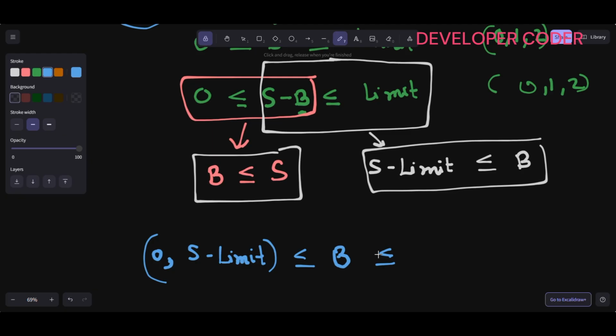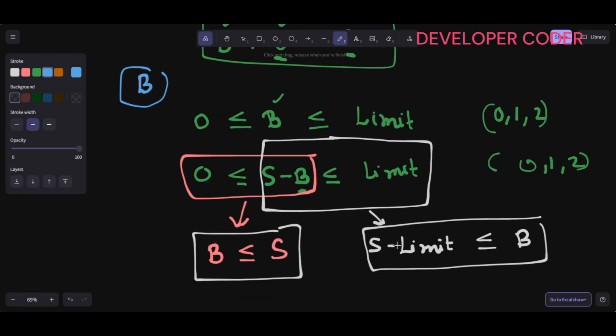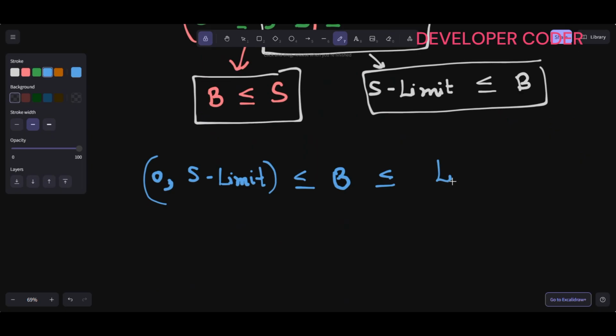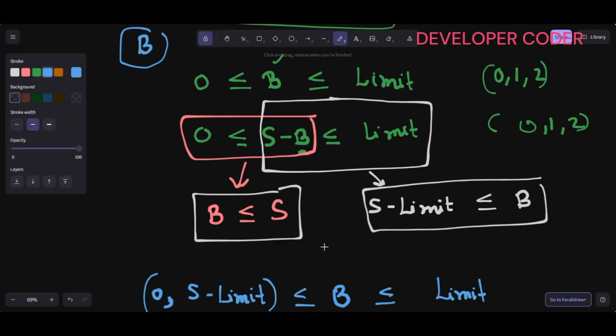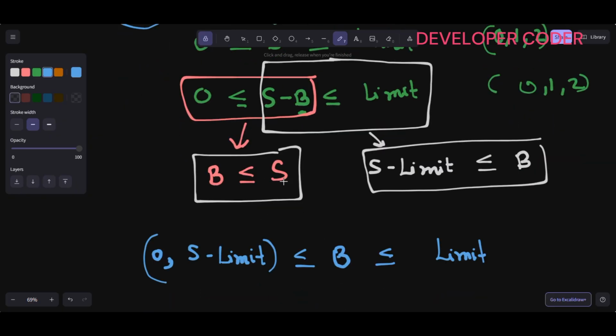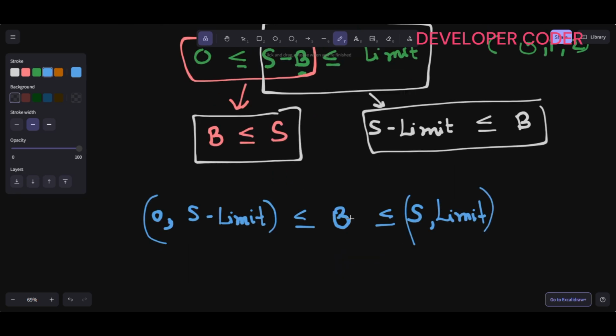And B should be less than or equal to limit, or I can say less than or equal to the S value. So this is the range I'm defining.